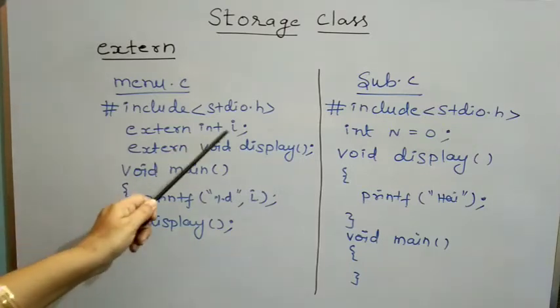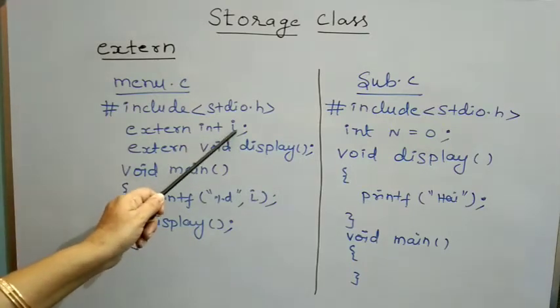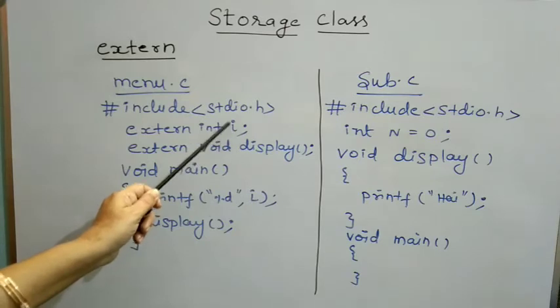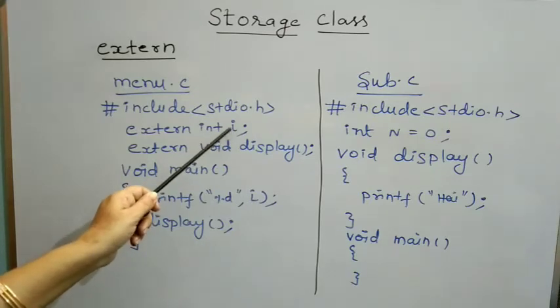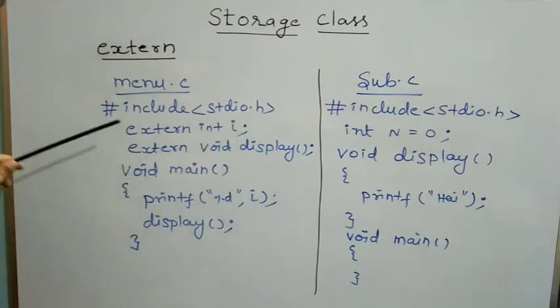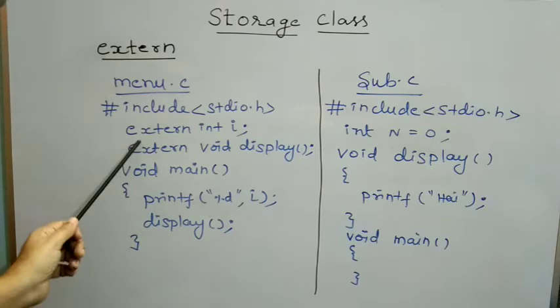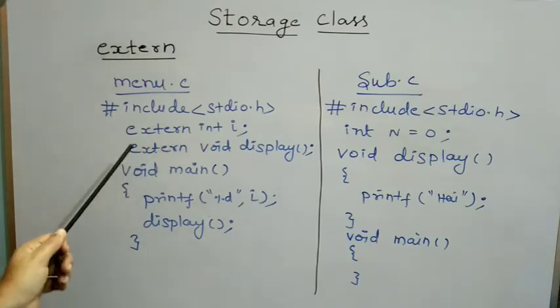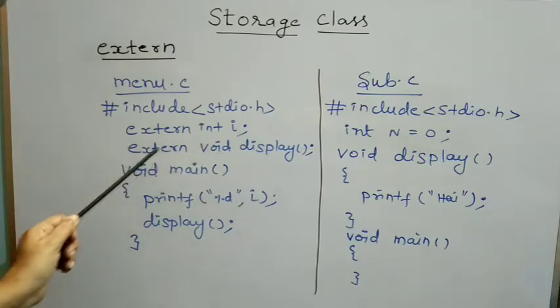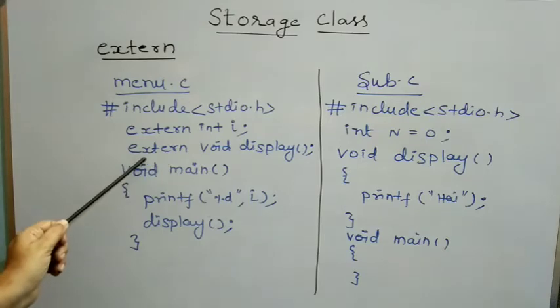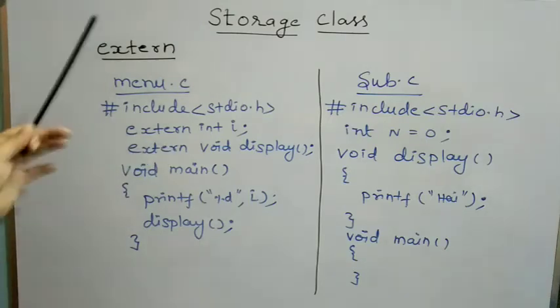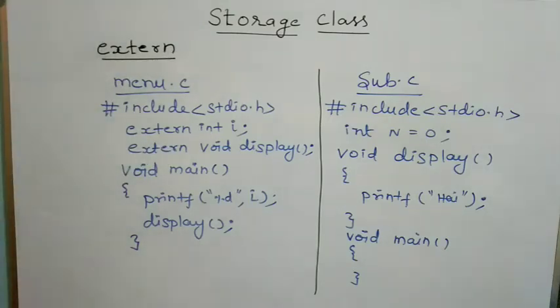Here I have declared a variable but not defined it, so no memory location will be assigned for it. We have specified that I am going to use the variable which is defined outside this programming file, by attaching the storage class extern. I have also attached the access specifier extern, so we can use this storage class and access specifier interchangeably.